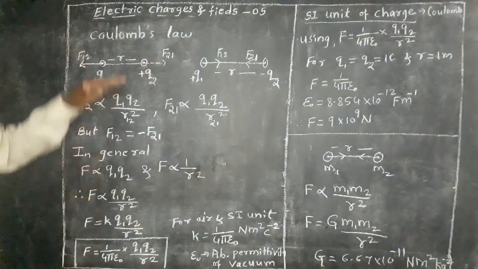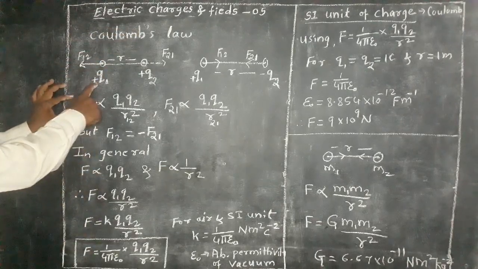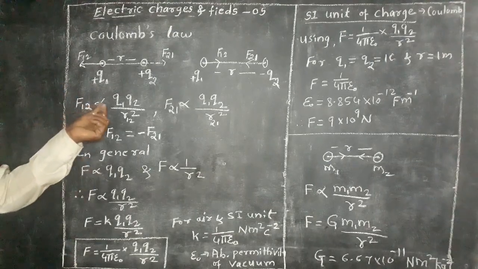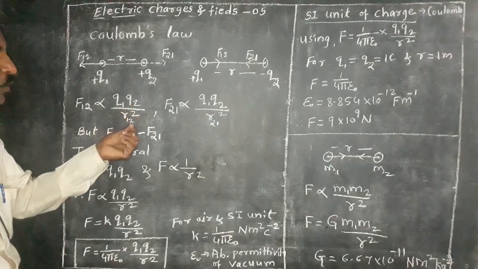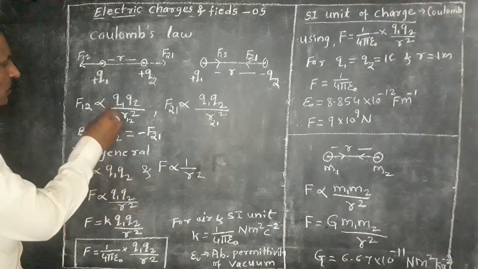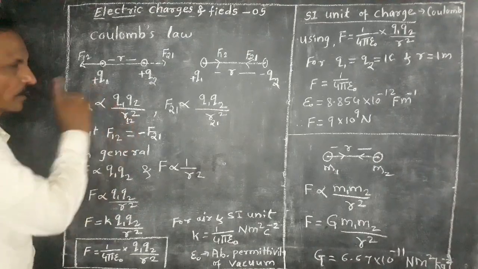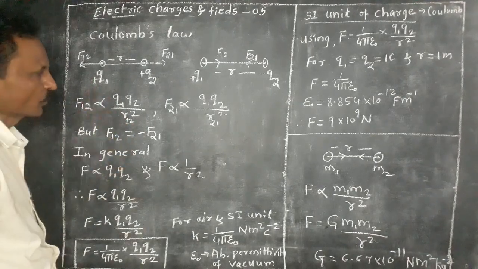Therefore, according to Coulomb's law, force on q1 by q2 is F12. It is proportional to q1 into q2 upon r12 square, where r12 is the direction of the displacement vector. It gives the displacement vector from q1 to q2.